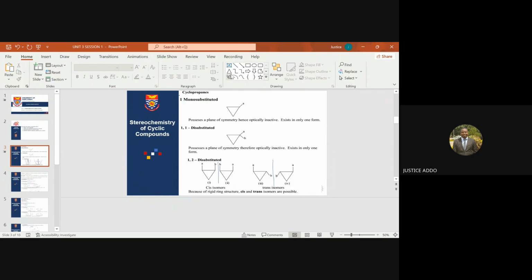So what we are saying is that if you take I and II, though they are mirror images, they are not superimposable. And because A is not the same as B, you cannot say, oh, I can divide the molecule into two equal halves, so there's a line of symmetry or a plane of symmetry.